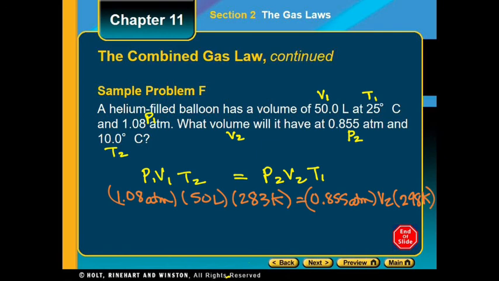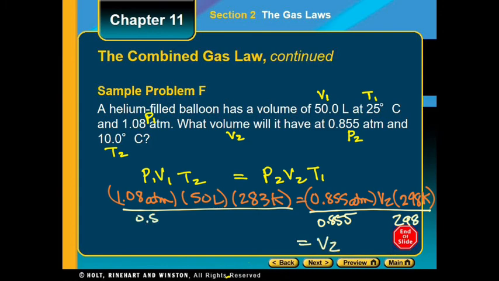And now we solve. Again, mathematically, to get V2 all by itself, you've got to divide by the 0.855 and divide by the 298. So you would divide by both of those on each side.